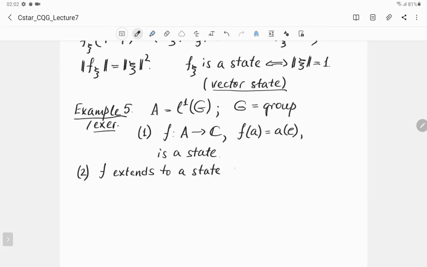Let's denote the state by f tilde. And finally, I claim that f tilde is a vector state.